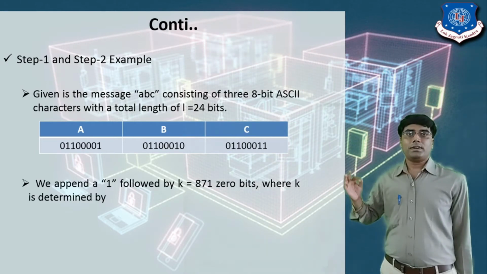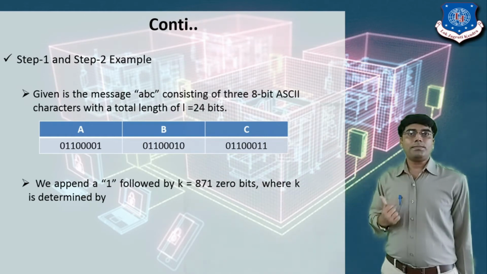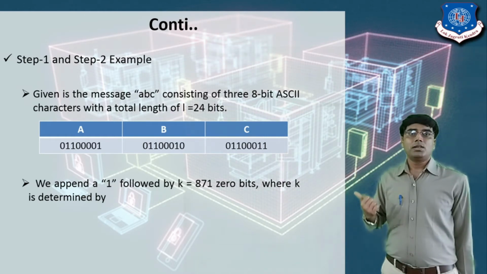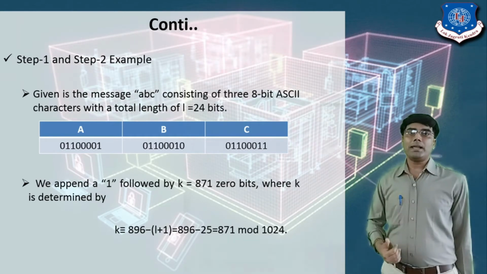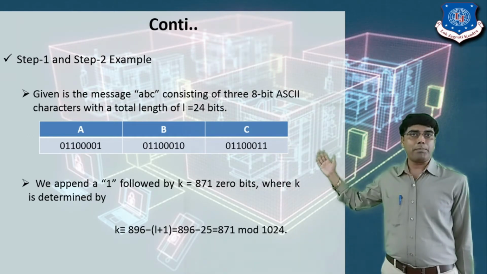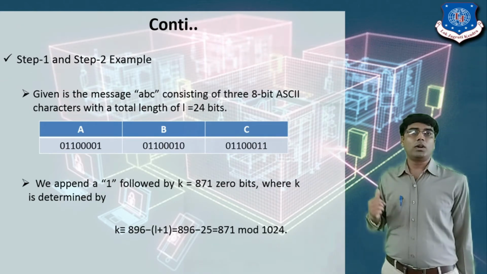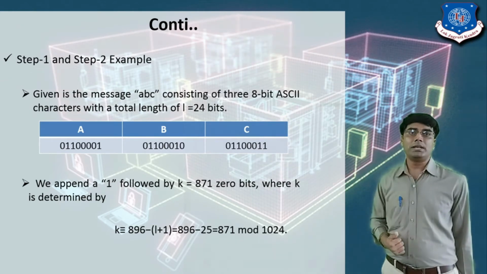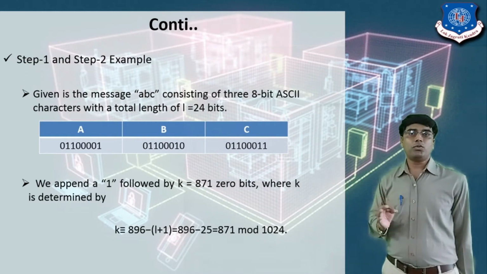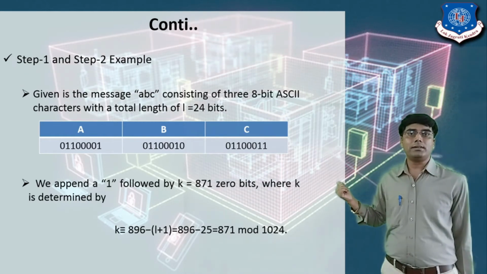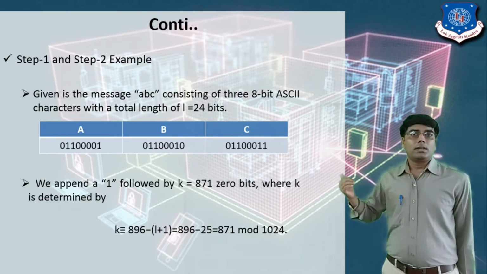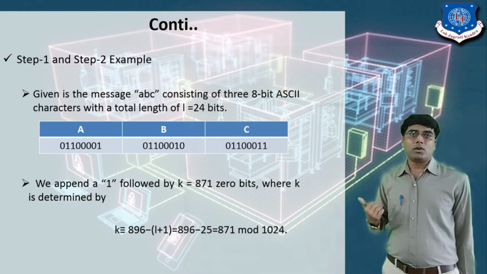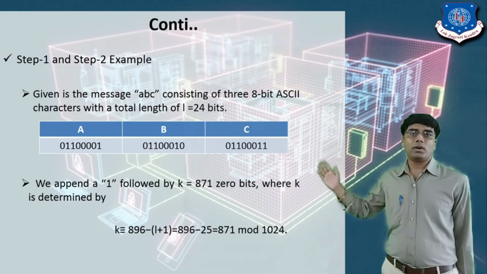In the first step we append a 1 followed by k 0 bits, where k is determined. How to determine k? If I want to add the padding bits, how can I add them? We append a 1 followed by k equal to 871 0 bits, where k equals 896 minus l plus 1, which is 896 minus 25, because the length l is 24 bits.